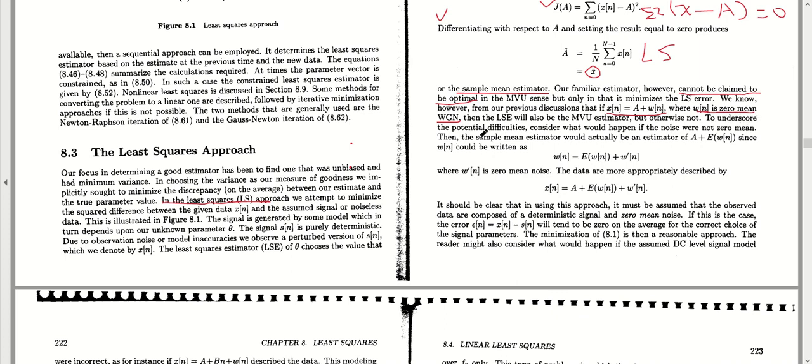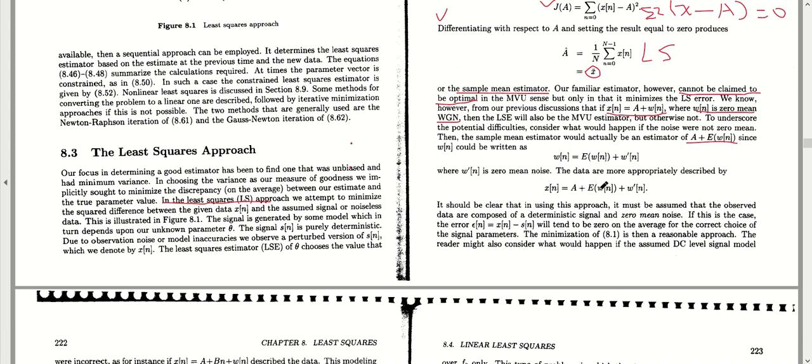To emphasize the potential difficulty, consider what would happen if the noise were not zero mean. Then the sample mean estimator would actually be an estimator of A plus the mean of the noise. So what you are actually estimating is A plus the mean of the noise.